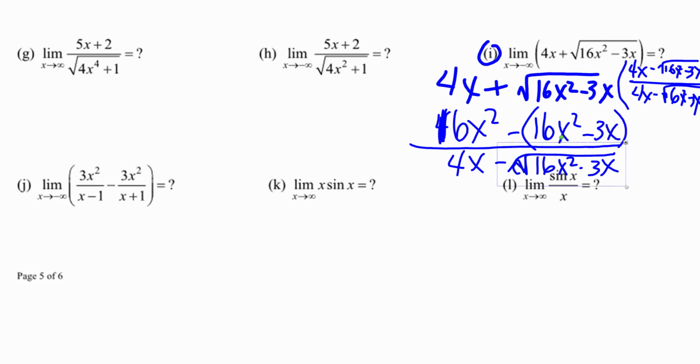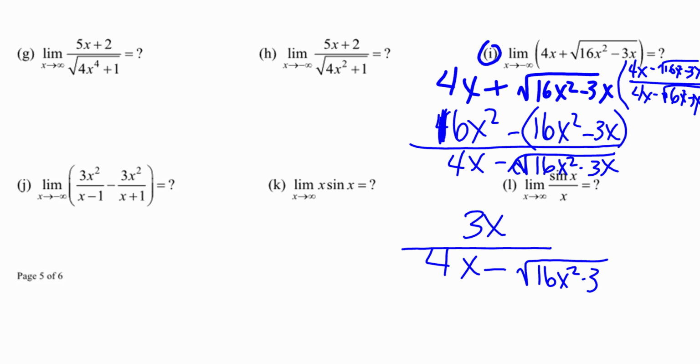Now take a look at what we have in the top. We have positive 3x over 4x minus the square root of 16x squared minus 3x. If we try to plug in infinity now, we're going to have 3. Oh, it's negative infinity.